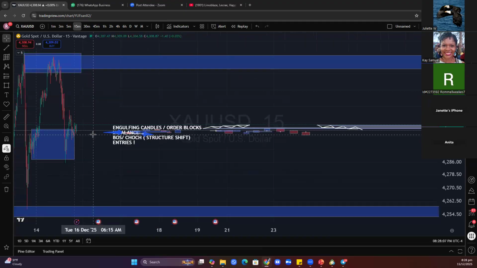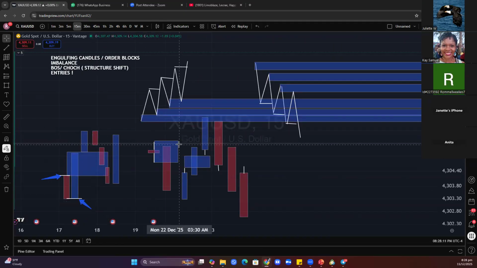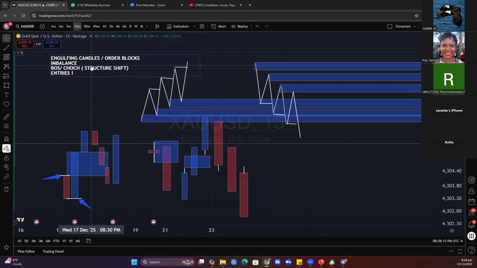Now, guys, the entries will involve these things: this structure shift, an engulfing candle, and imbalance. Once you understand these three things on any level, you can take these entries consistently, confidently, right? And I'm going to show you that you can go ahead and practice.